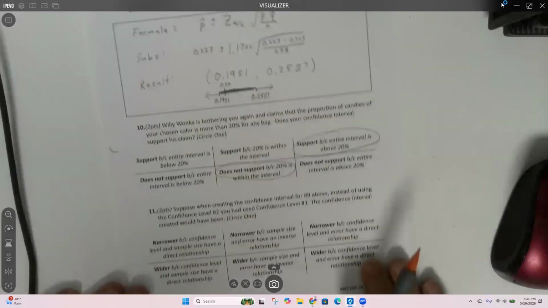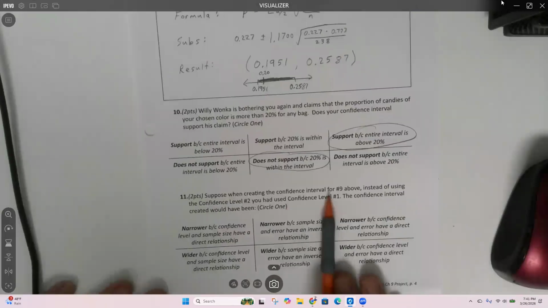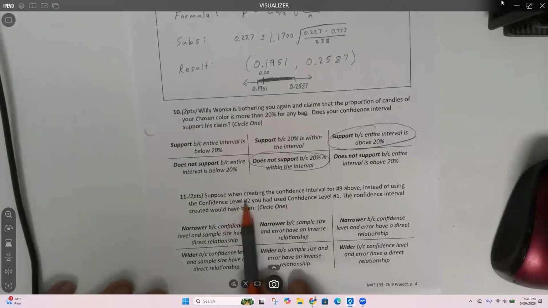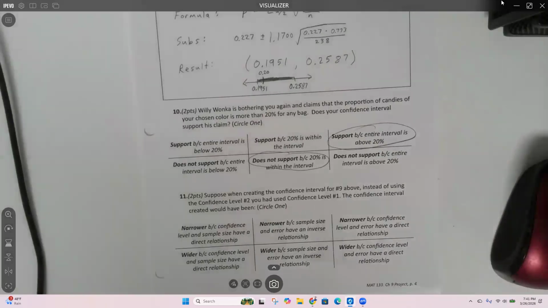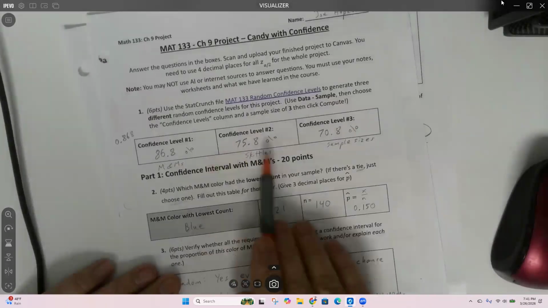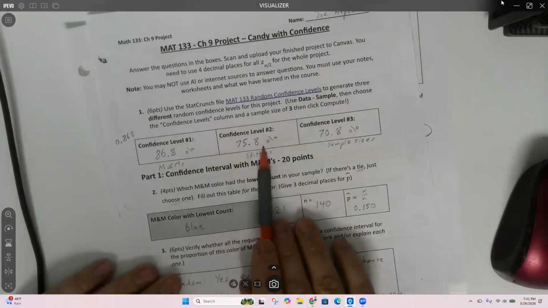Well, moving on. Suppose when creating the confidence interval for number nine above, instead of using the confidence level from number two, you had instead used confidence level one. What would have happened? Okay, so you're going to look at your number two and your number one and compare them. For me, my Skittle one was 75%.